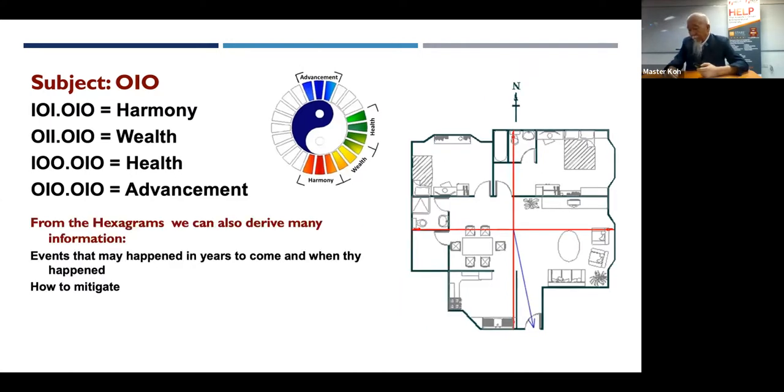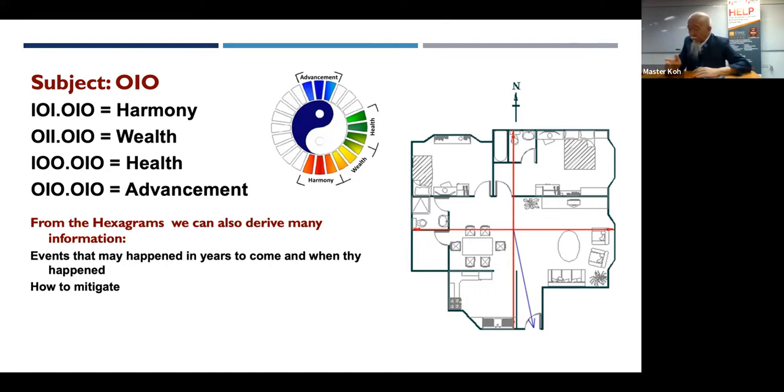Okay. Now, again, come back together. If we join up the trigram to hexagram, the door now is 101. The subject is 010. So therefore, it's harmony. If the door is in 011, the subject is 010, he get wealth.